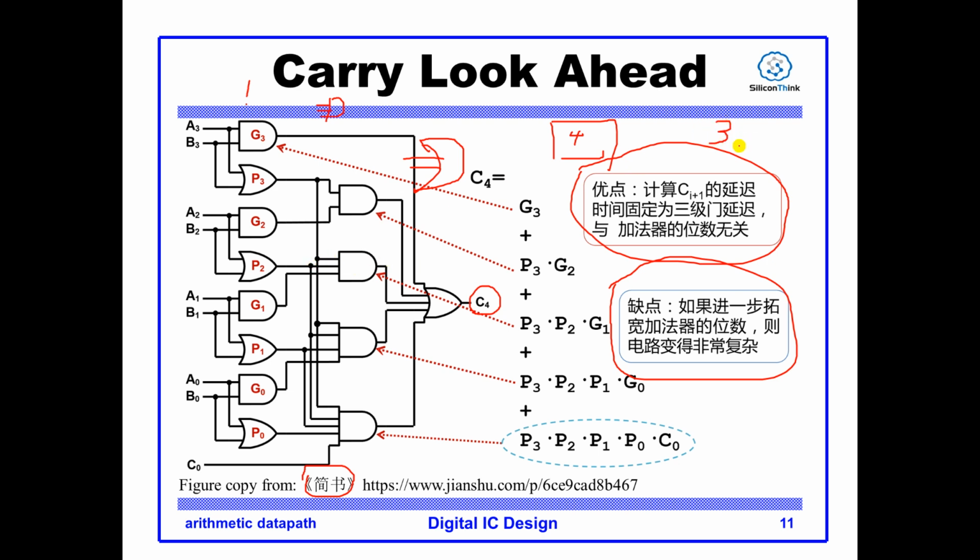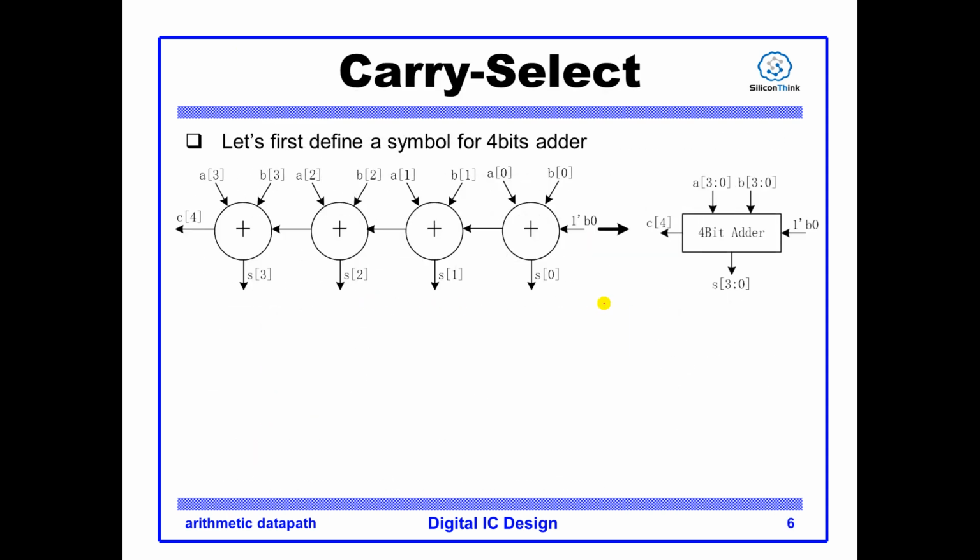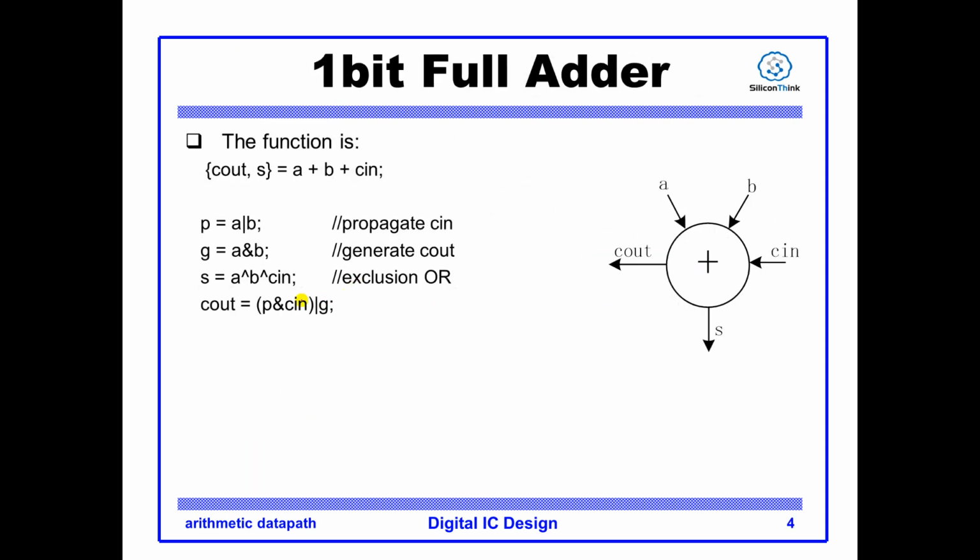three levels of logic. But in the ripple adder, what's the delay? In a ripple, it's also three levels of logic.